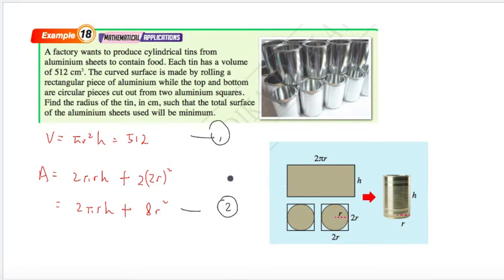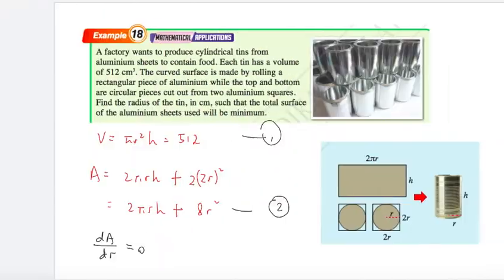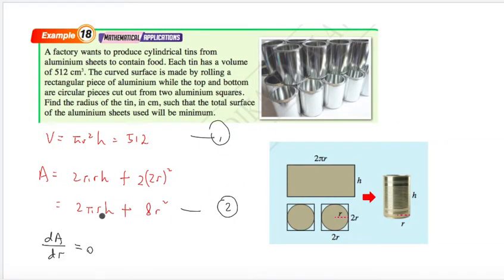We need to find the radius when it is minimum. So when it is minimum, we need to find dA/dr. When it's minimum, it means equals 0, like just now, dy/dx equals 0. When it's maximum or minimum, dy/dx equals 0. And this one is area, dA/dr.